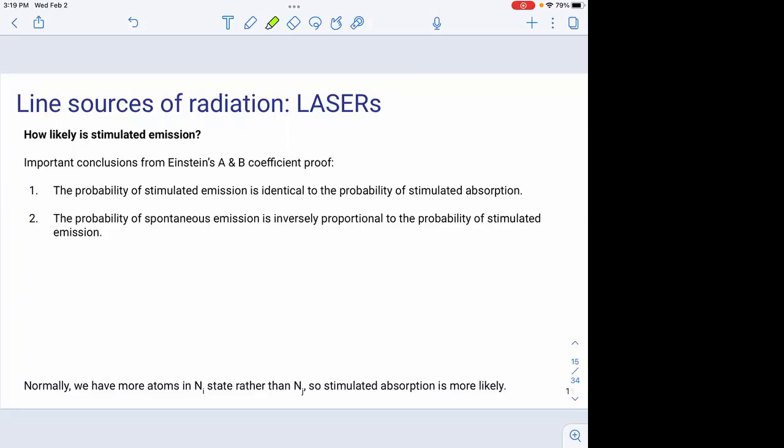You're just as likely to have stimulated emission, a photon hitting something that's already excited, as you are to have something spontaneously emit a photon once it's been excited. So the probability of spontaneous emission is inversely proportional to the probability of stimulated emission.